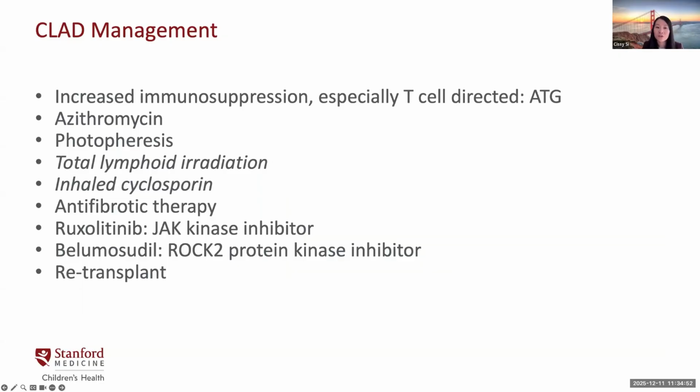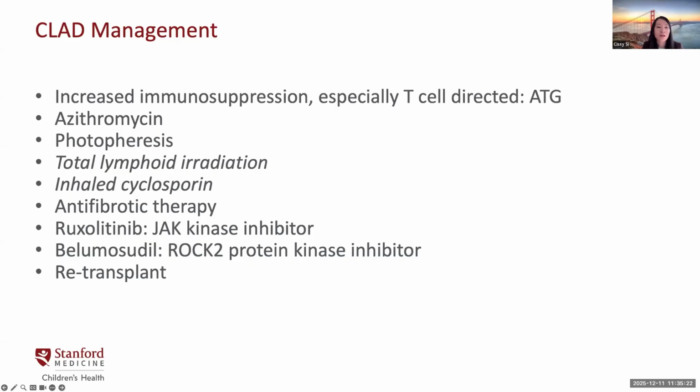Well, again, it's increasing the immunosuppression, specifically T-cell directed. Often we'll use something like ATG. Most patients are on azithromycin from early on to try to prevent CLAD from developing. Patients can undergo photopheresis, which is a therapeutic option that actually takes out and irradiates the T cells from the patient's blood.